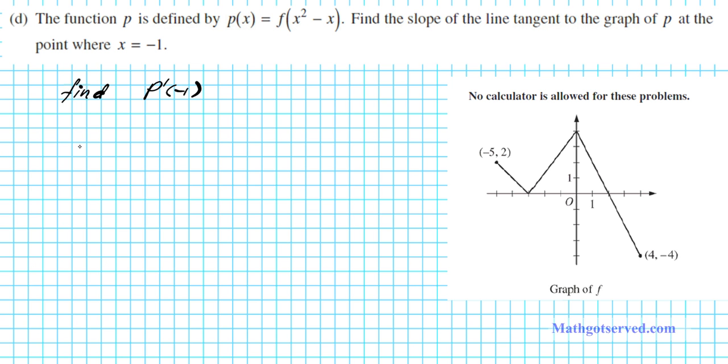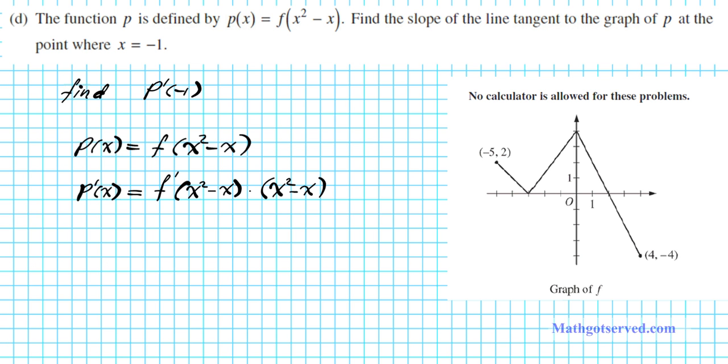So to do this, we have to find the derivative of the function first, of course. The function is this composite function right here. If you're differentiating a composite function, we have to use the chain rule, all right? So we differentiate the outside function, holding the inner function x squared minus x, times the derivative of the inner function.